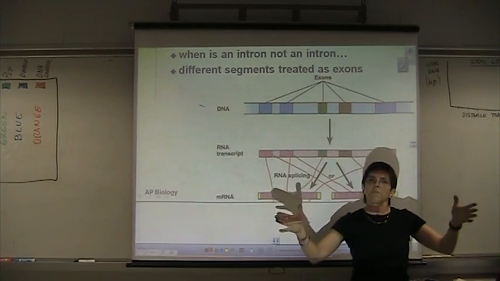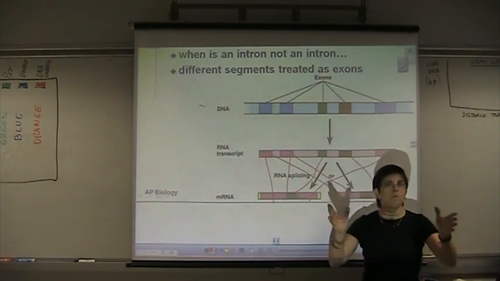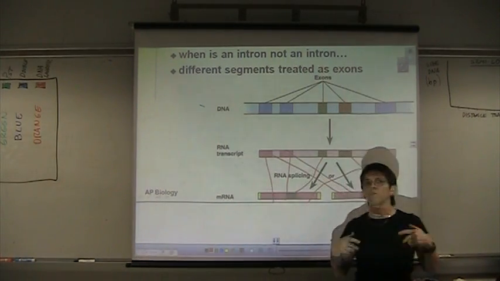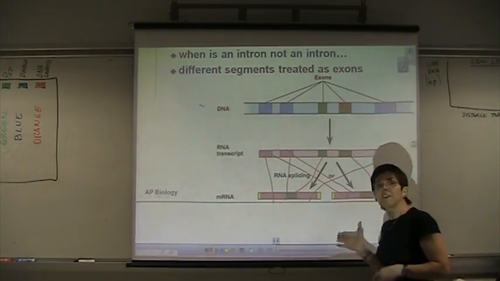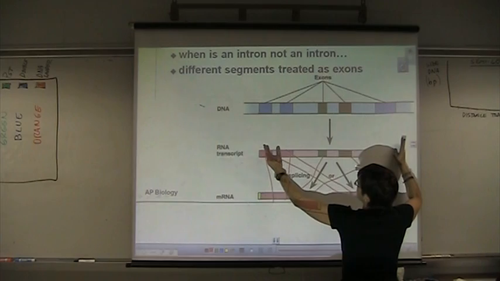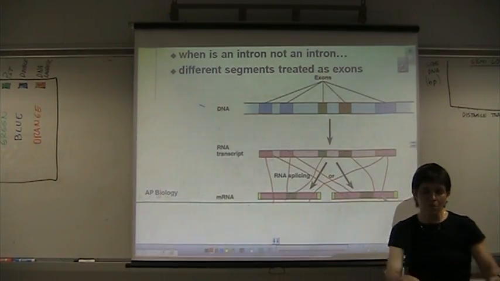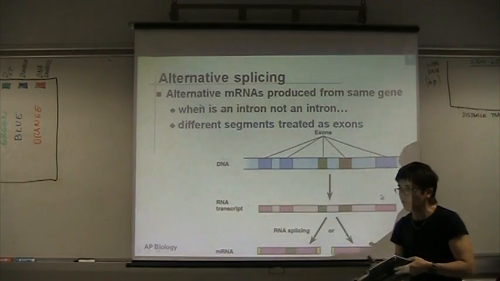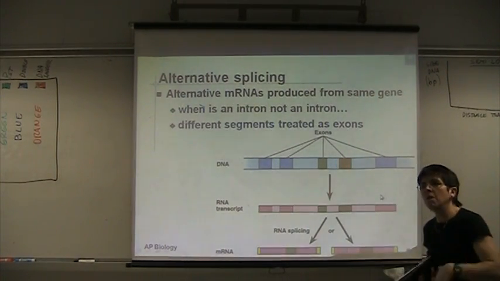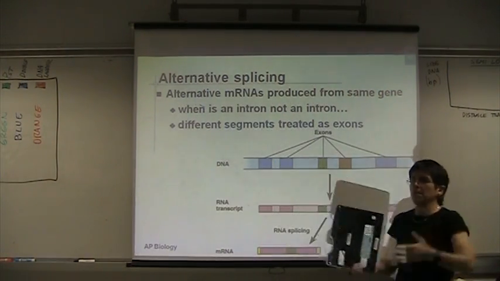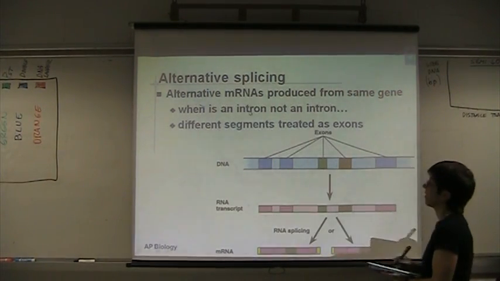But if you look at the projects, they all look different, because each one of you decided to cut and paste different things out of Wikipedia. It's the same thing here. This is the baseline, this is the Wikipedia article, and then depending on what you choose to cut and paste, you get many different possibilities. So it's a way for your genome, basically, with one message, to produce many different products.